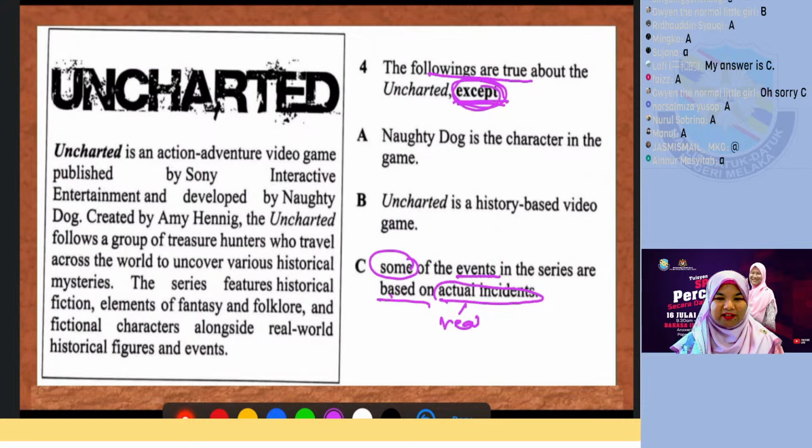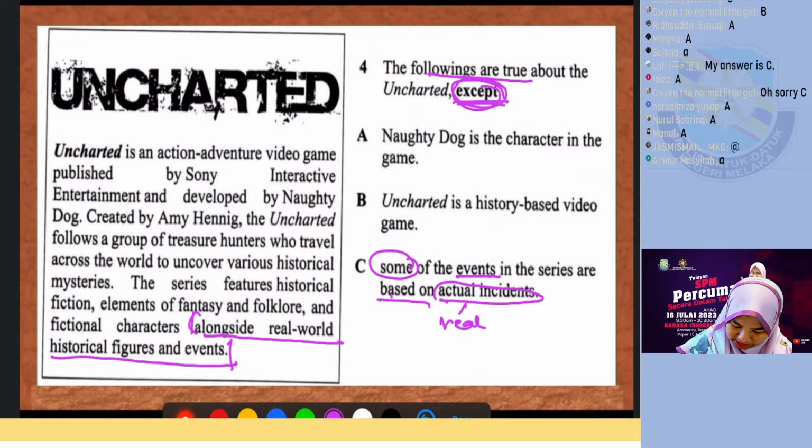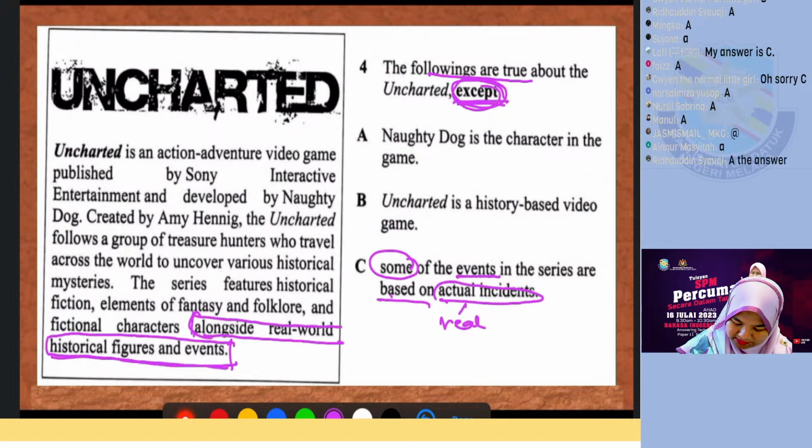Is it true to the text? Let's see here. Focus here: alongside real-world historical figures and events.